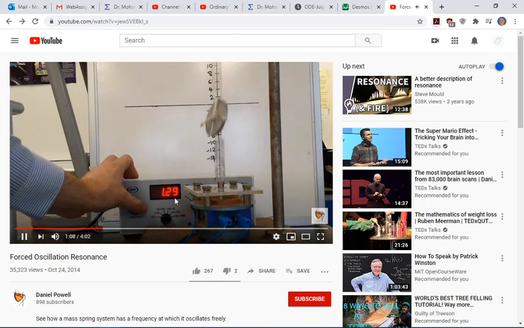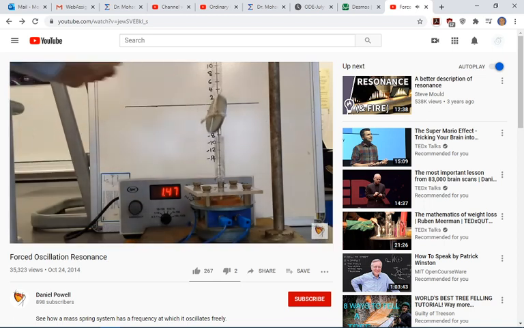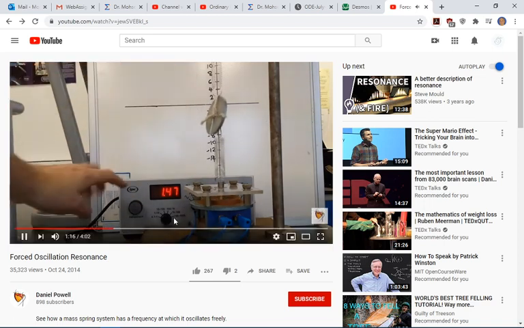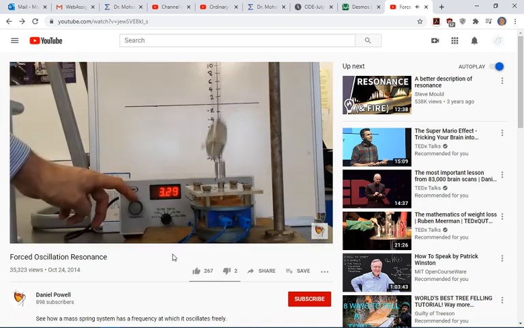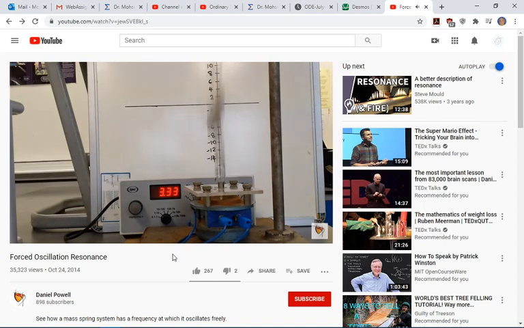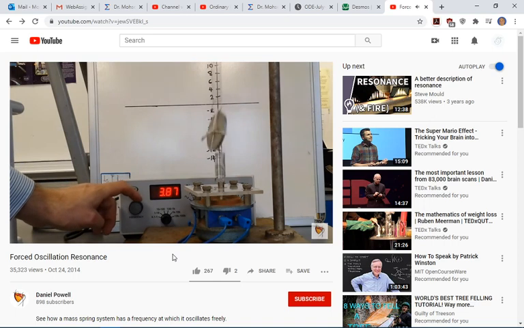As it changes the frequency, so does the oscillation. Now if we fast forward a little bit, by the time we come to a frequency of 3.3 in this experiment, we see that the oscillation becomes wild. Now he increases the frequency and the oscillation becomes tamed again.